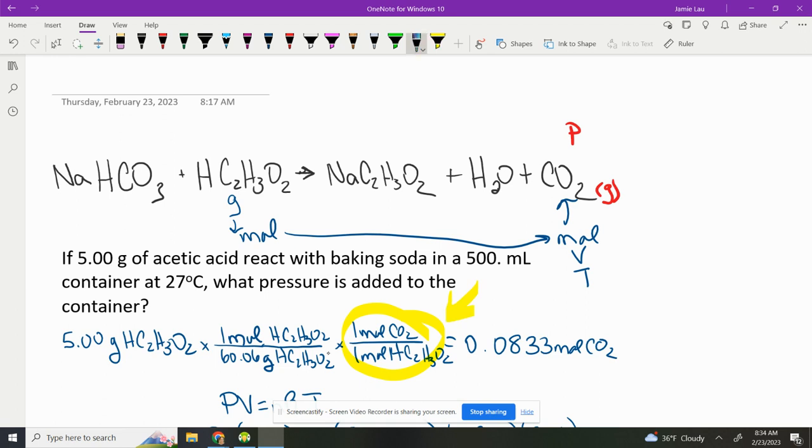That's why you watch your units. This is moles. That's what we're trying to stop at. So stop, right? You don't have to always go all the way to grams. That's why watching those units cancel and paying attention to what you need is great. You don't always need to go all the way to grams.